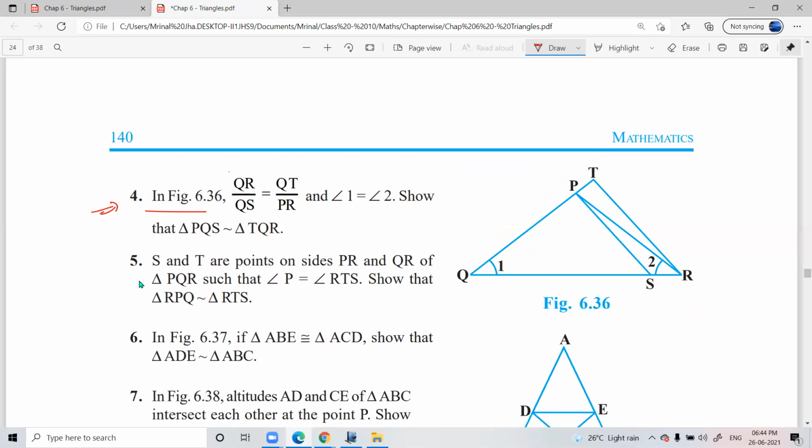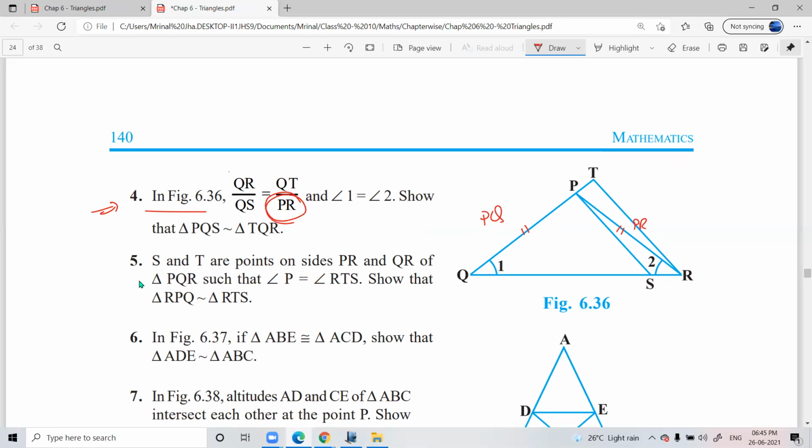So try to understand where this angle 1 and angle 2 are and what that tells us. If angle 1 is equal to angle 2, this becomes an isosceles triangle, right? Since the base angles are equal, the sides opposite to equal angles will be equal. That means PQ will be equal to PR.